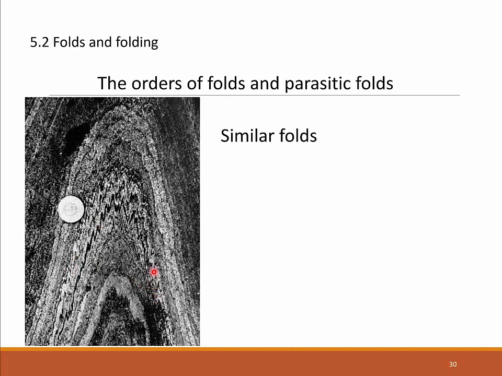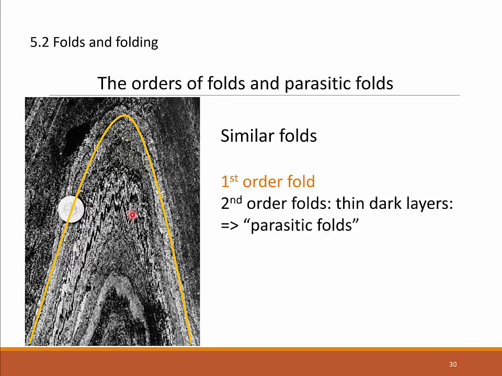We also see some of such asymmetric folds on the opposite limb, and in the hinge of the first order fold we see some smaller scale symmetric folds. So the first order fold, indicated in orange, is supplemented by the second order fold in the thin dark layers. These second order folds also are called parasitic folds.